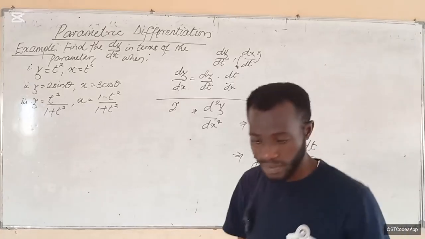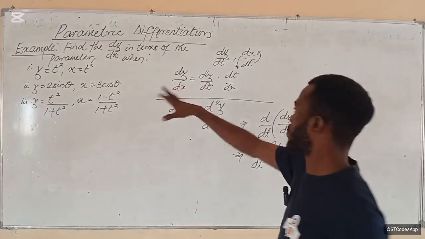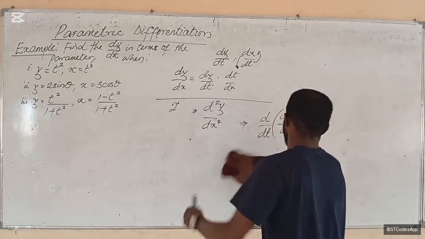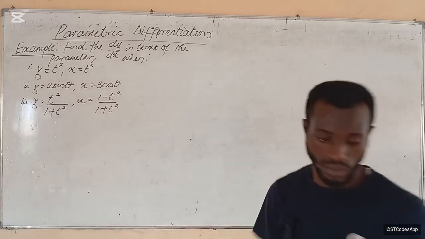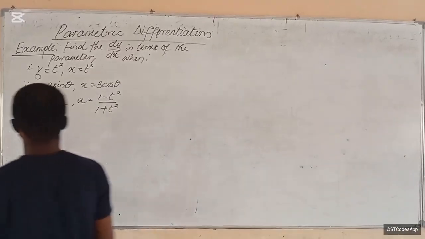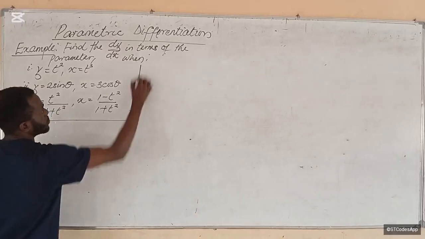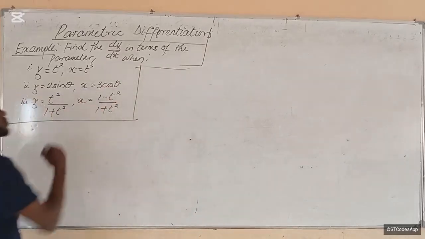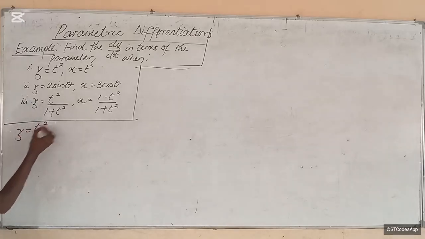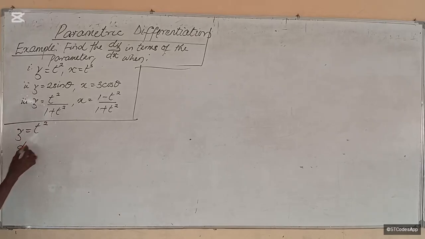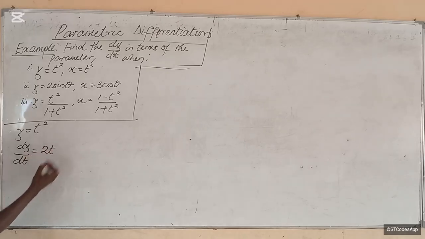Okay, so let me show you how to first solve these questions by first degree. So the first question says y is equal to t squared, so dy/dt will be equal to 2t, right?